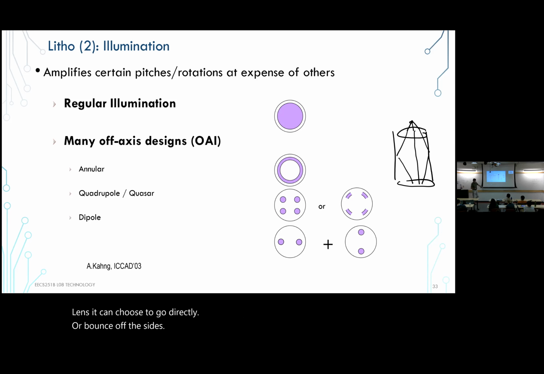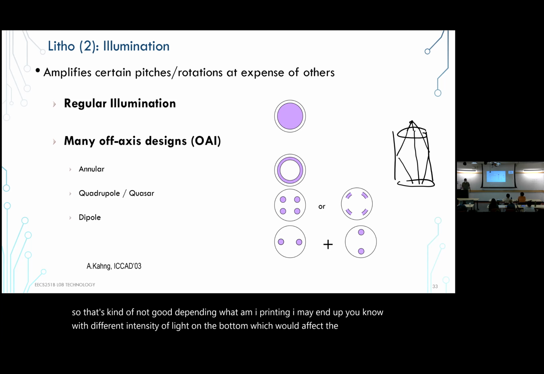What happens? Well, the path that the light traverses is multiple wavelengths. And when these things meet down on the wafer, they may add constructively or destructively, or subtract. So that's kind of not good. Depending on what I'm printing, I may end up with different intensity of light on the bottom, which would affect the resolution.